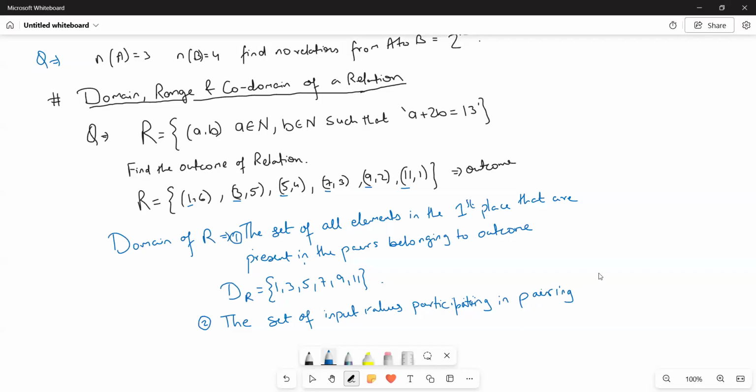Okay. Now, what we mean by the second definition is, for this question, what is set A? Set A originally is defined as all natural numbers. So we'll have 1, 2, 3, 4, 5, 6, 7, all the natural numbers in this. But are all natural numbers participating in pairing?